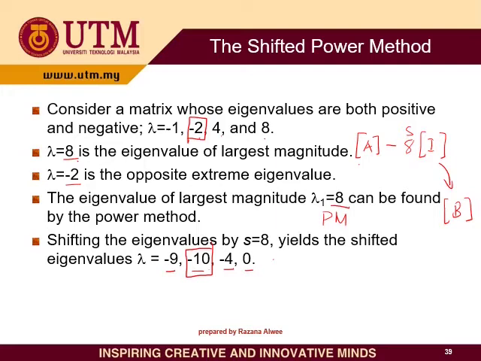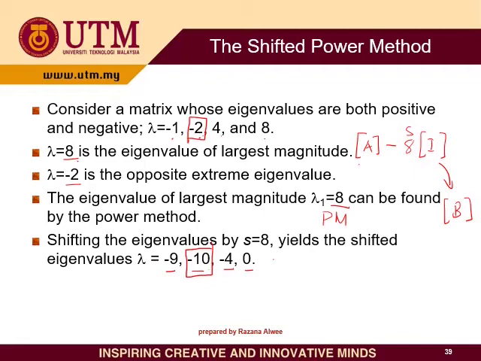If you have both plus and minus signs for the eigenvalues and you do the shifted power method, you will find the opposite extreme eigenvalue. We have 8, so the opposite is negative. The extreme one is 2, because we have negative 1, negative 2.